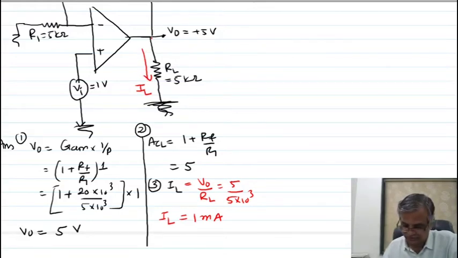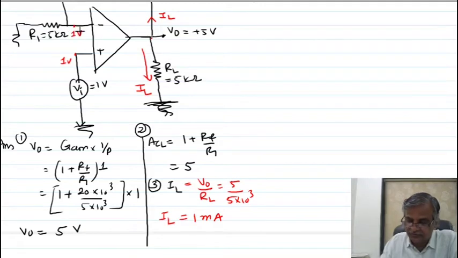Now second, current also flows in this direction. This is a higher potential. This is 1 volt. This is also 1 volt. So let me write IF.